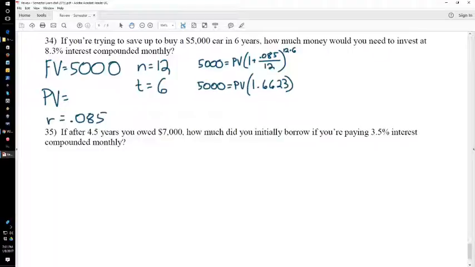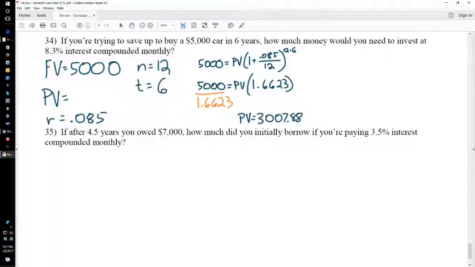Now we're trying to get down to PV. All of that stuff is multiplying the PV, so I need to divide by 1.6623. So 5,000 divided by 1.6623, we get 3,007.88. So present value equals $3,007.88.